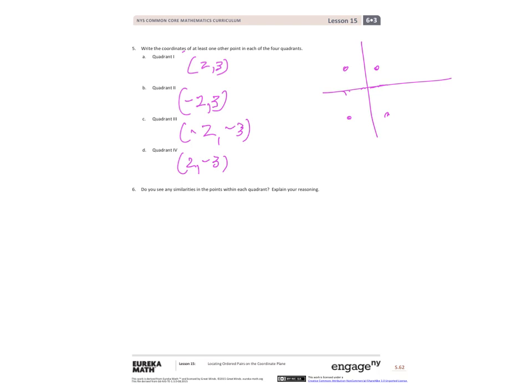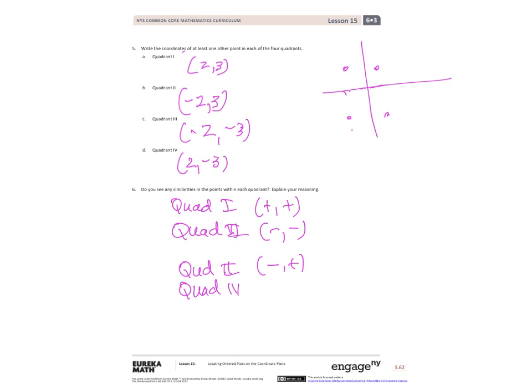Quadrant 1 is positive, positive. Quadrant 3 is negative, negative, right? This is 3. And so then quadrant 2 is negative, positive. Quadrant 4 is positive, negative. So they just kind of reverse. So 1 and 3 are here, and then 2 and 4 are this way. Okay.